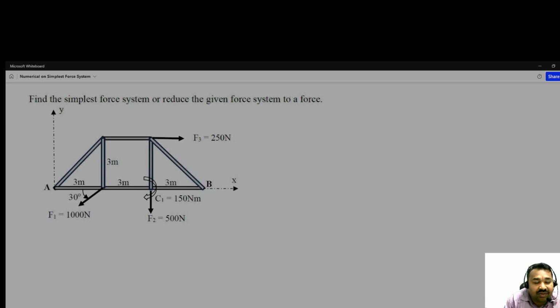Let us now discuss the problem in which we have to find the simplest force system, or reduce the given force system to a force.